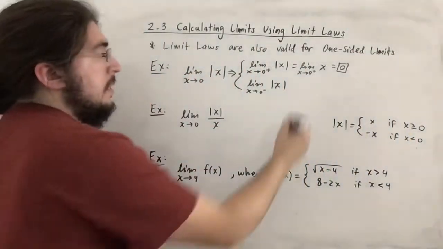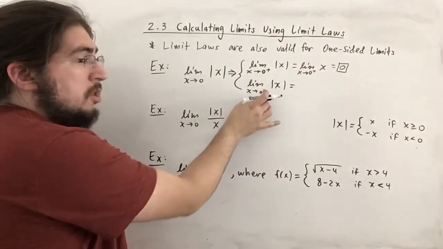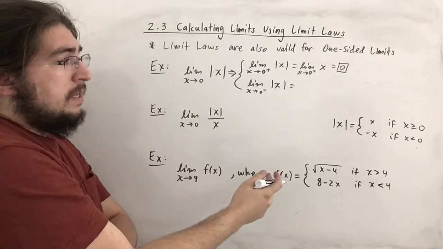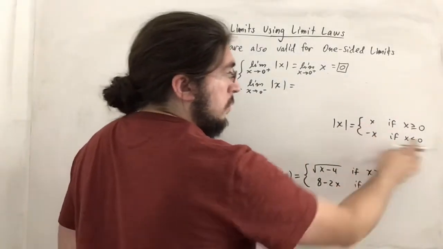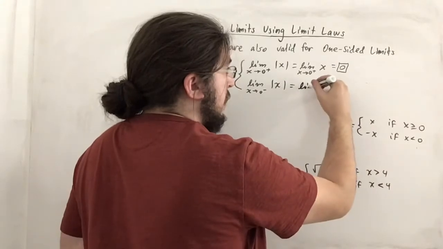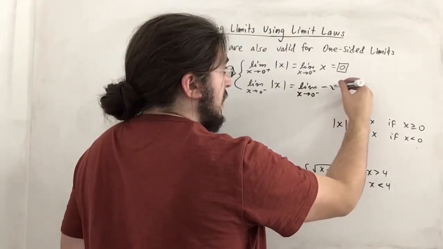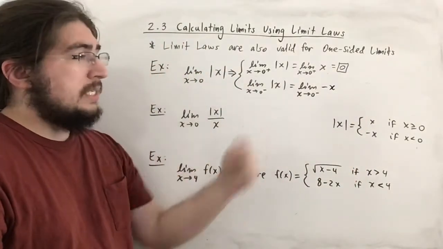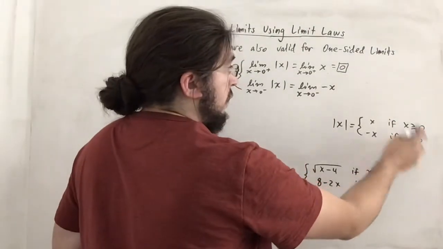Okay, good. Now here, something different happens. When x is approaching 0 from the left, that means we're less than 0. We're plugging in numbers that are less than 0, so we can use the bottom definition here. So we have the limit as x goes to 0 from the left of negative x, because absolute value of x is negative x when we're plugging in numbers less than 0.